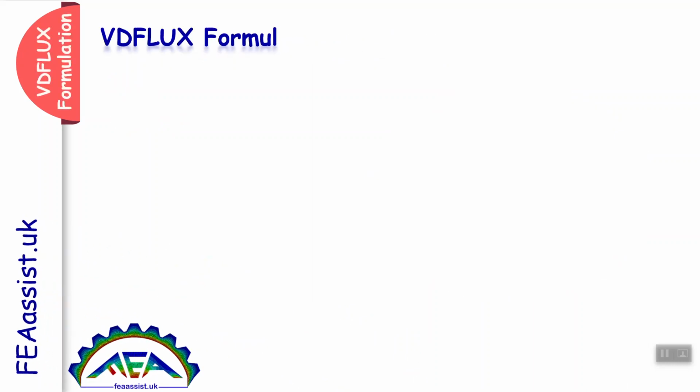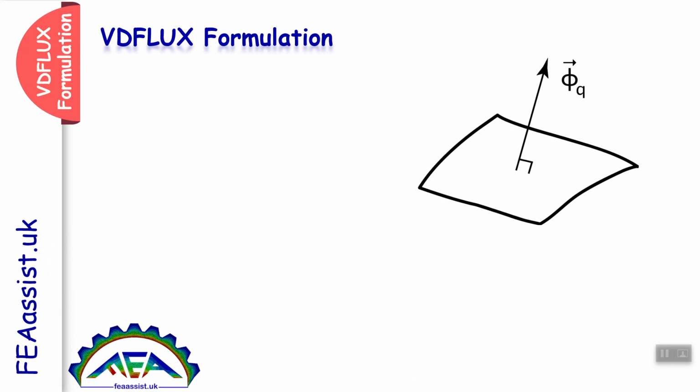VDflux formulation. Before going into the details of the formulation, you need to understand the meaning of flux. What is energy flux, heat flux or mass flux? Flux in heat means the amount of heat transferring through a unit of area in a unit of time.